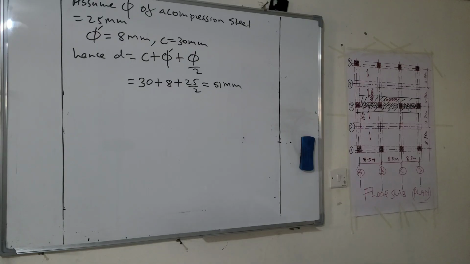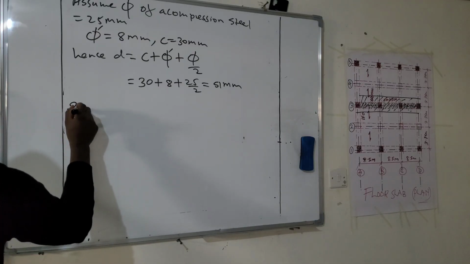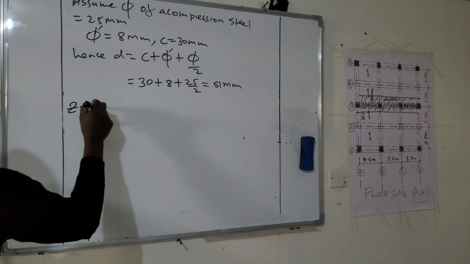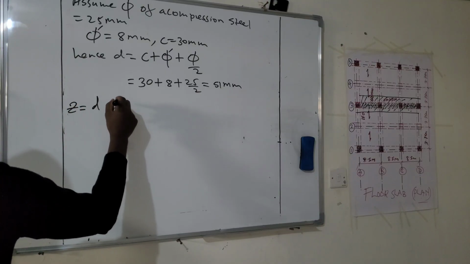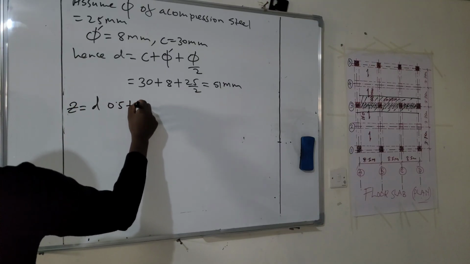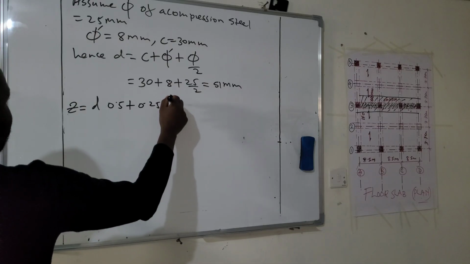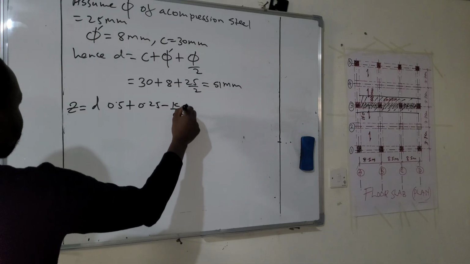So Z is equal to D times 0.5 plus the square root of 0.25 minus K over 0.9.